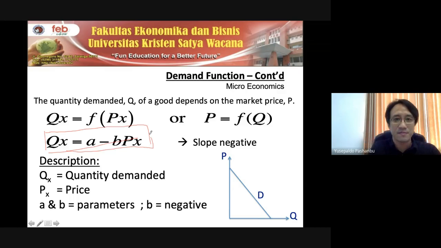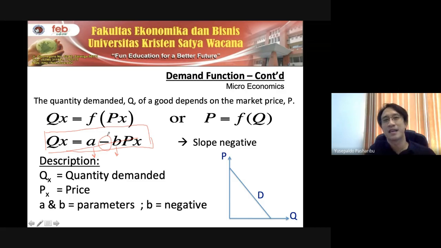So the slope is negative. There is an intercept, this is the intercept, and this is the gradient, and the slope is negative. Negative slope means the line decreases or goes down. This is the description first.